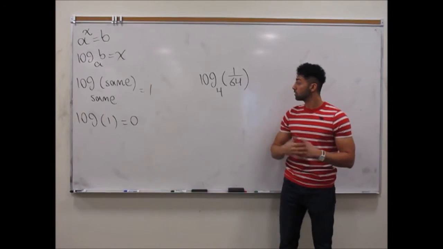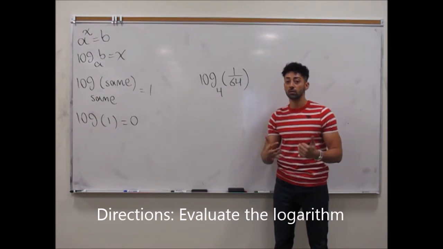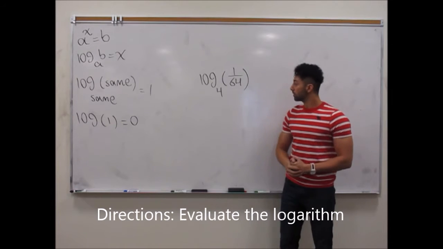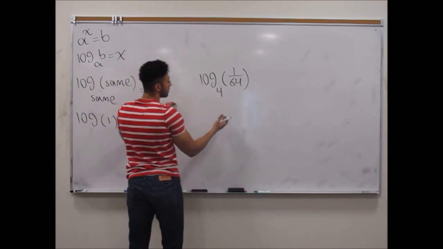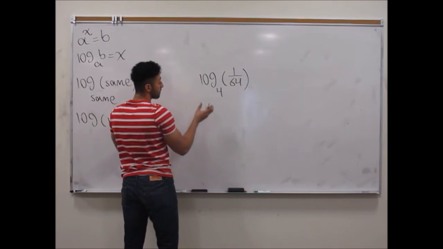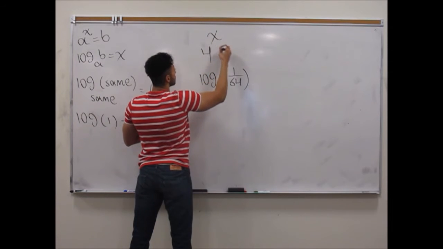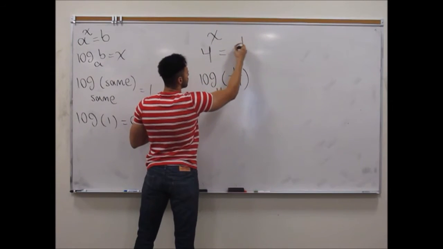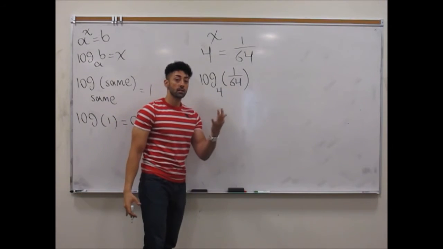Okay, so pretty similar to the last example, we have a fraction inside the argument. So we kind of saw what happened with that. Just to write this in exponential form, to get a feel of what this is really saying, it's saying 4 raised to what power would give me this argument, which is 1/64. So really the 64 is what's sticking out here.